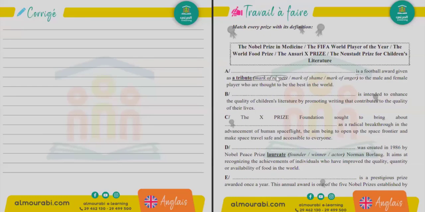Good. So which verb collocates with tribute? We always collocate tribute with the verb pay. Pay tribute to someone. Often we pay tribute to dead people.